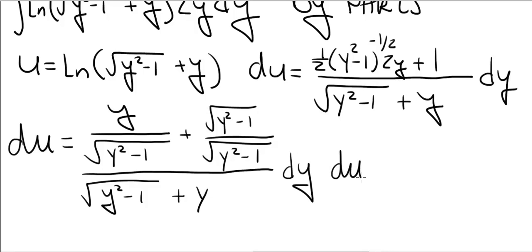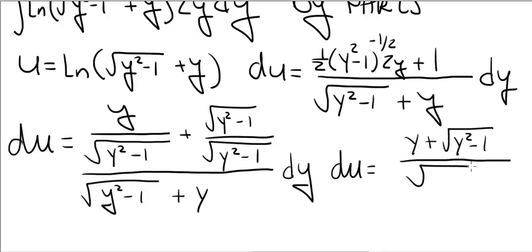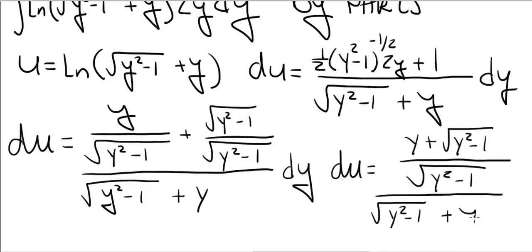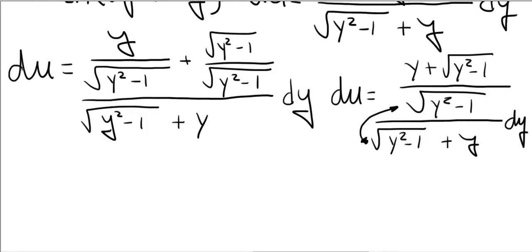So du is equal to y plus square root of y squared minus 1 divided by square root of y squared minus 1, divided by square root of y squared minus 1 plus y, times dy. Now, these two are in the same denominator, and let's rewrite that. It will make our computation easier.